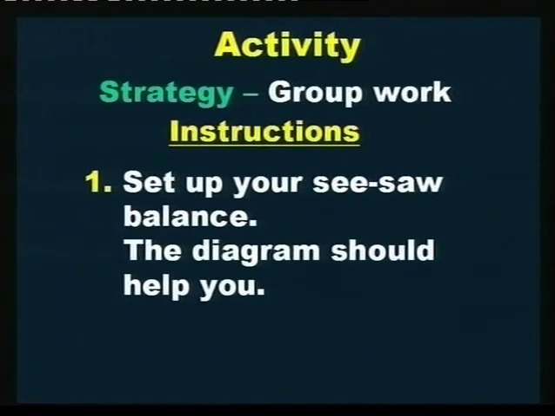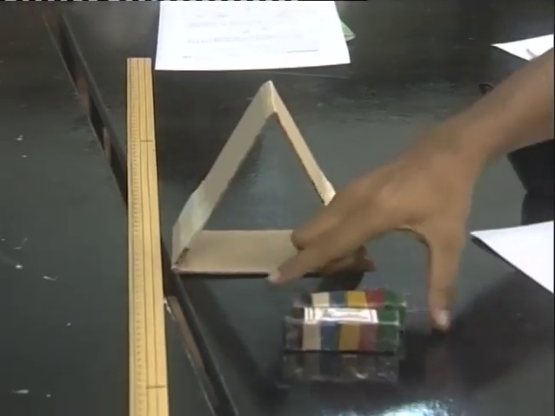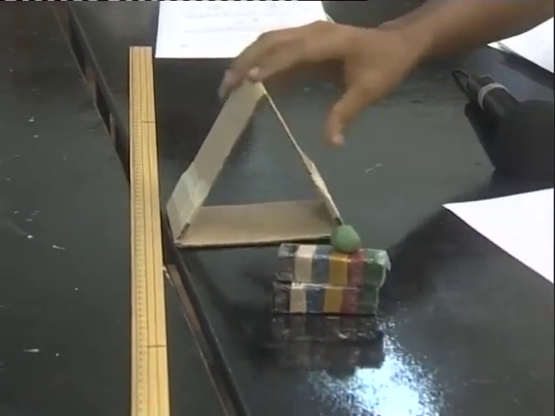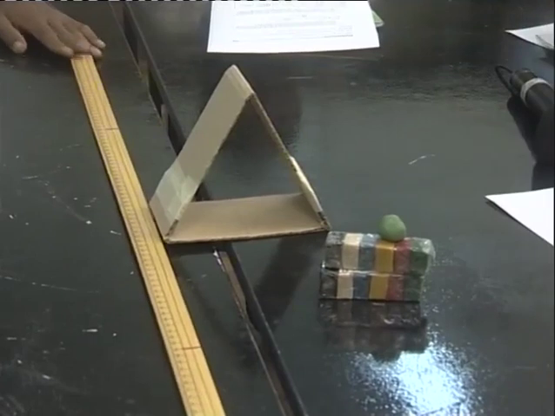Class and the receiving students, our first instruction says you are to set up your seesaw balance, and we have the diagram that will show you how to set it up. Model class, you should have on your tables a fulcrum, a ruler, some plasticine cubes, and a bit of plasticine for you to use.